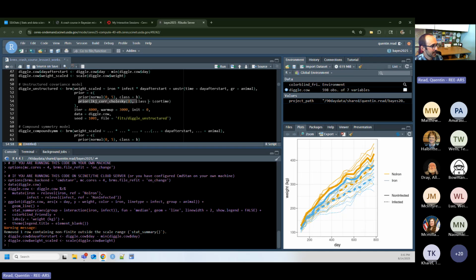Now here, this one is only something that you need for the unstructured covariance. We're actually going to put a prior on the entire covariance matrix. If I tried to do it without this prior, it failed to converge, because we need to put a little bit of a constraint on the covariance matrix parameters, again, because we're fitting 253 parameters.